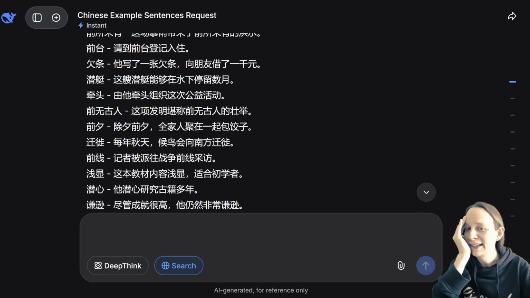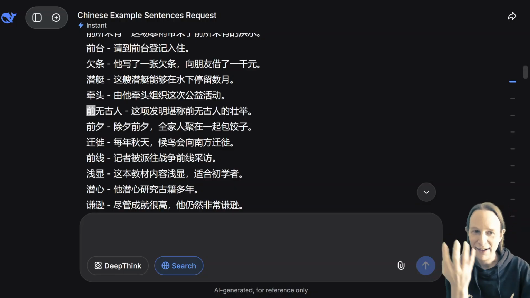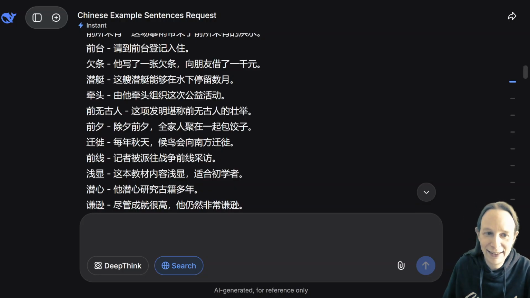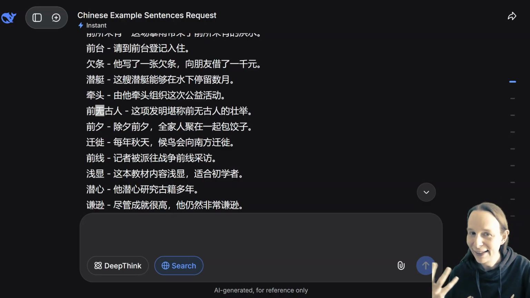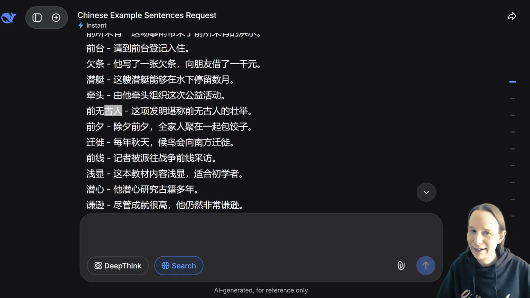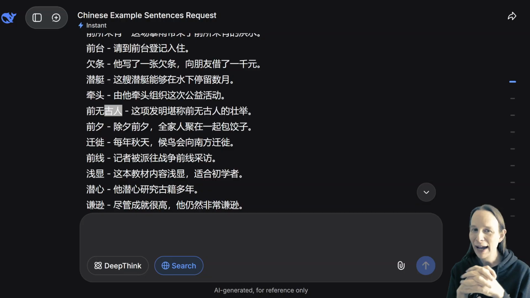All right, 前无古人. Okay, I don't know this one, but let's try to figure it out. 前, okay, probably means in the past, such as precedent, or the non-existence of 古人. So 古人 kind of means ancient people, but probably 古 here is yet another unprecedented, right? So there is no precedent from history.